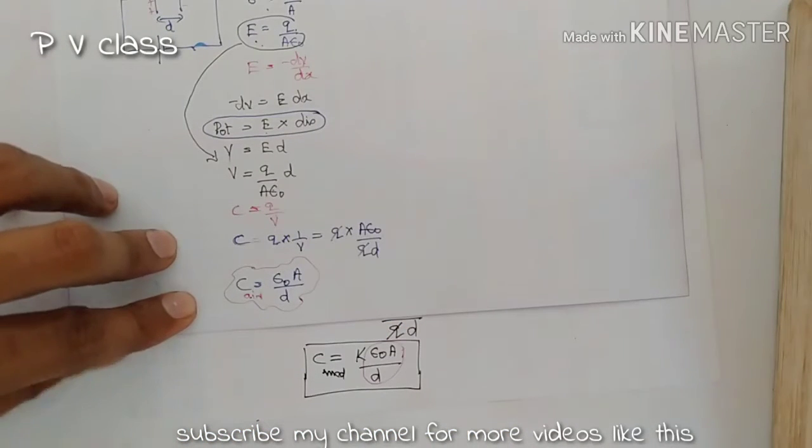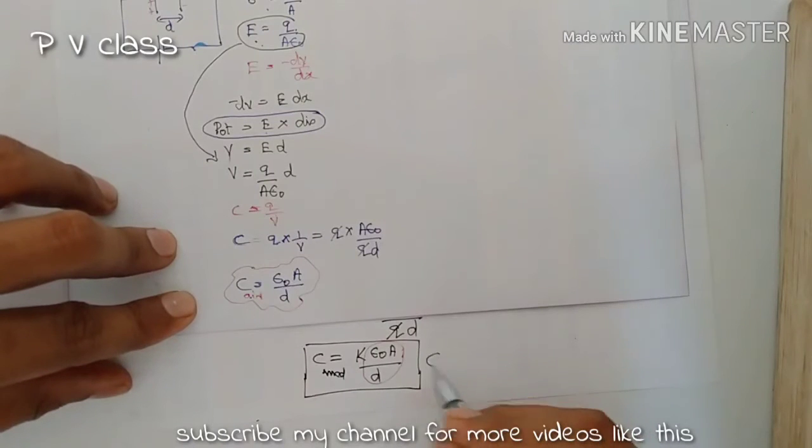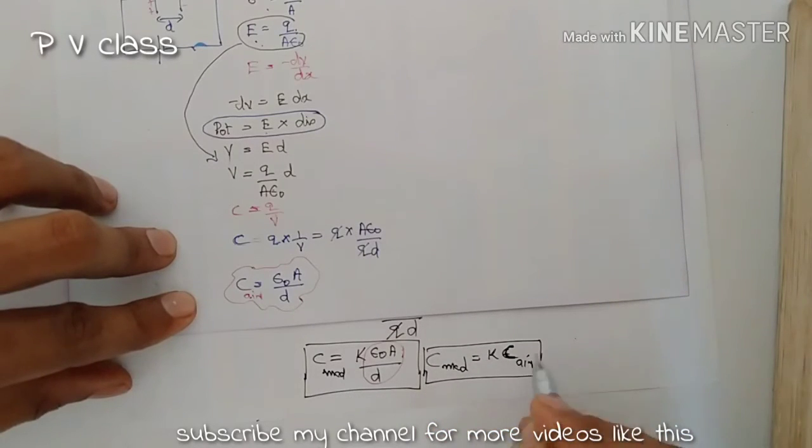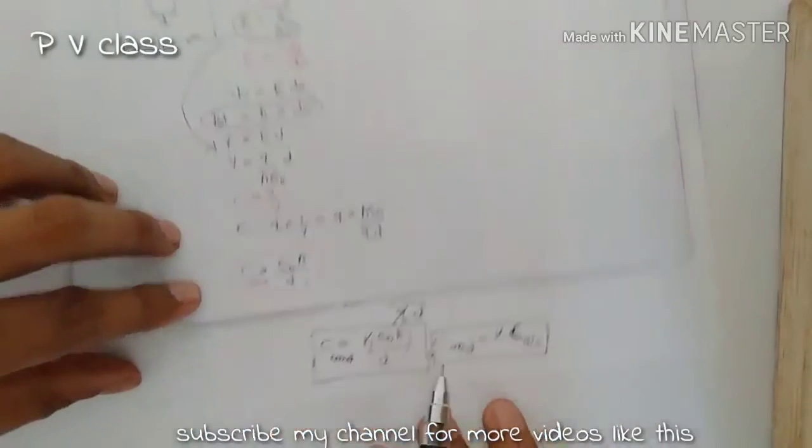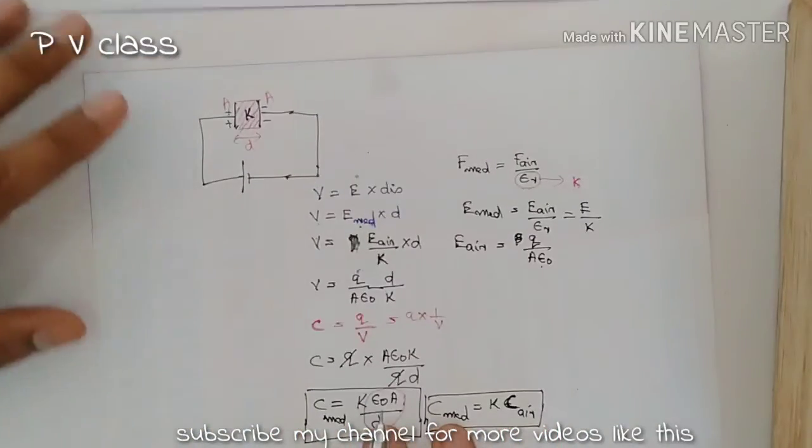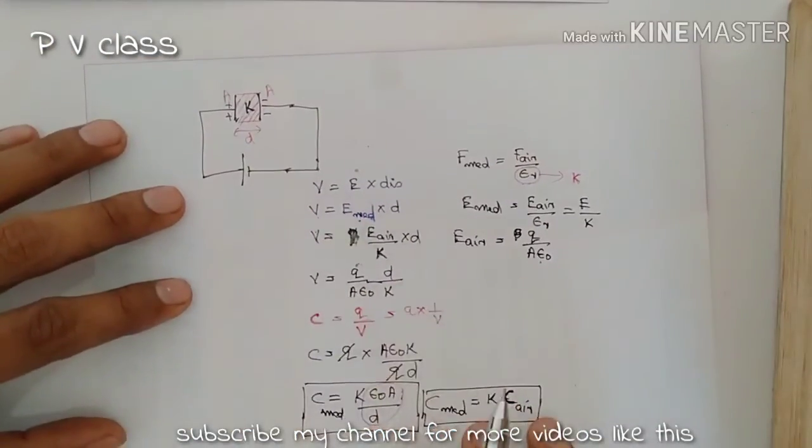Therefore, we could write capacitance with medium is equal to K into capacitance with air. If a dielectric is introduced into the parallel plate capacitor, the capacitance will increase by K times.